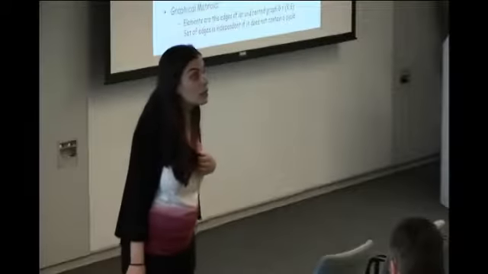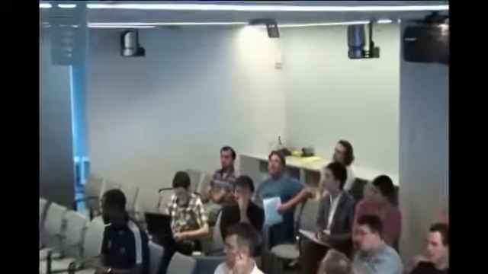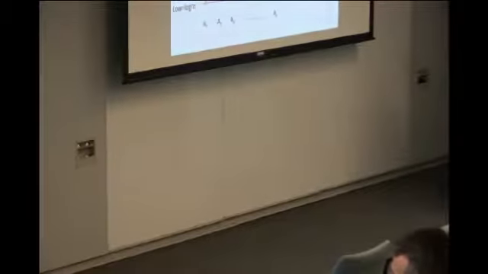Yes? If in your setting you were to take D to be the uniform distribution, and set epsilon to be less than 2 to the negative n, would you recover the results of the earlier paper by Goemans?